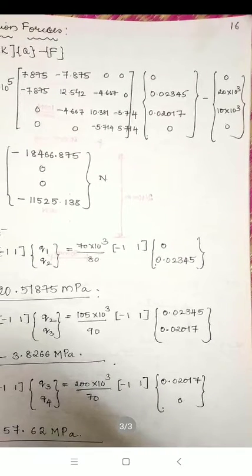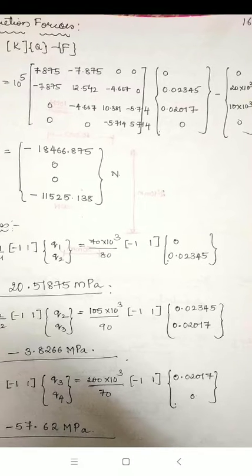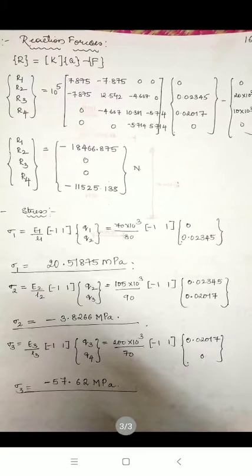First, multiply K and Q matrices, and whatever answer we get, subtract the force vector. Finally, we get R1 equal to minus 18466.87 Newton, R2 0, R3 0, R4 minus 11525.13 Newton.